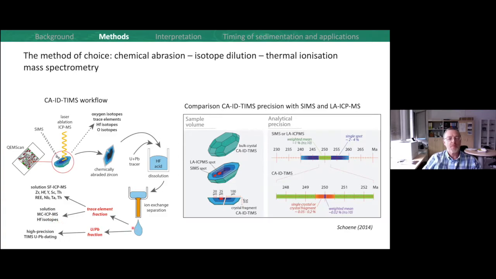And we also have the possibility, what we have separated here as a trace element fraction, we can do trace element ratios at least from this solution, or hafnium isotopes from this solution. But this is called zircon petrochronology, which is kind of a half intelligent name for this.